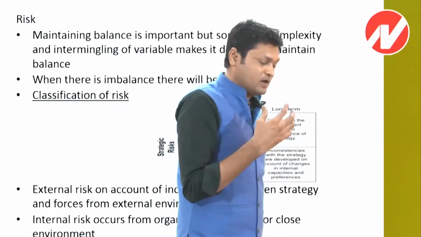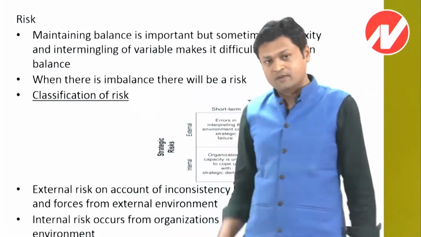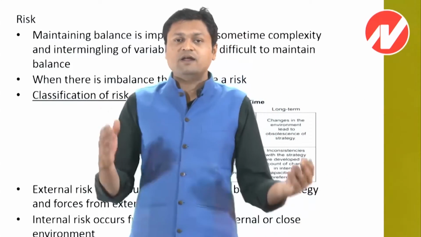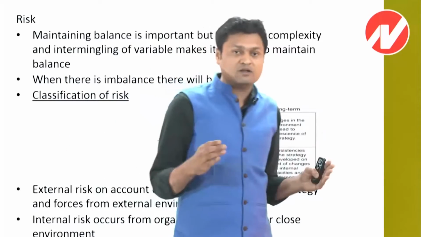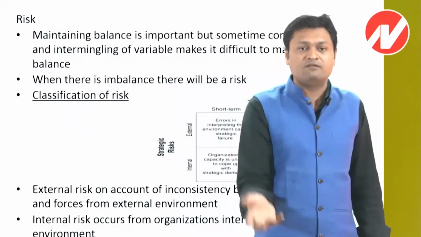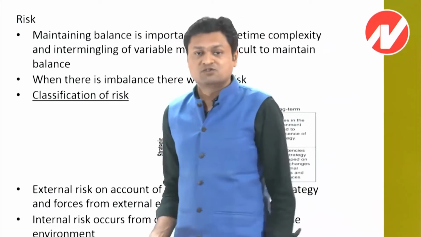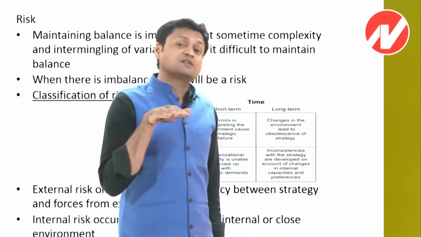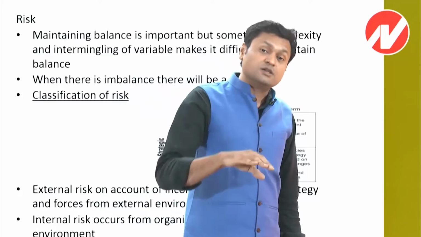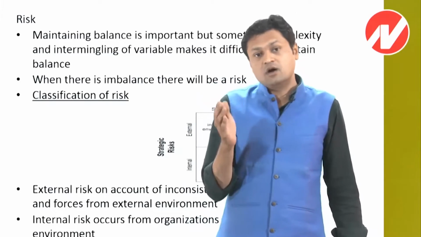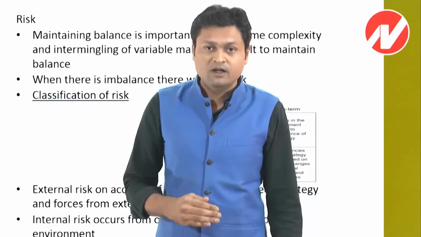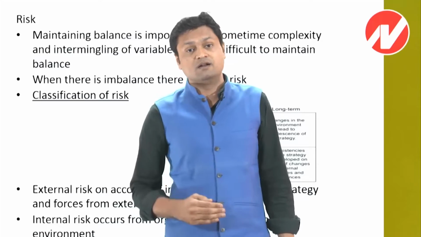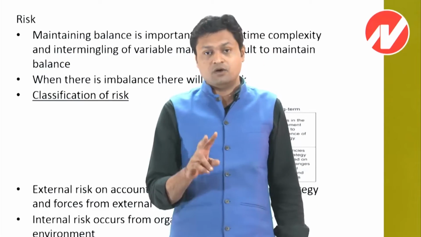Like I take an example, I want to start a petroleum refinery. For that I need a heavy investment, I need knowledge about the petrochemical industry. I don't have that, so I don't have the capability, I don't have the resources to do it. It means my strategy is not consistent, is not appropriate, is not according to my internal environment, and that risk is what? Internal risk. Now I hope you are clear about these two risks.